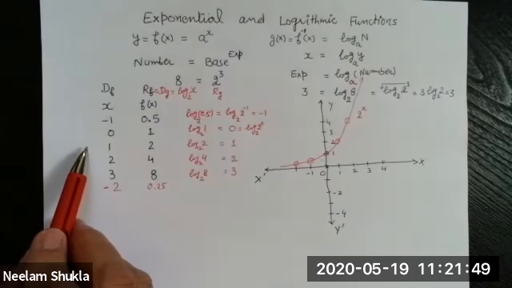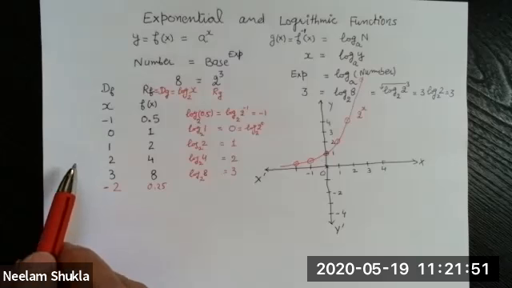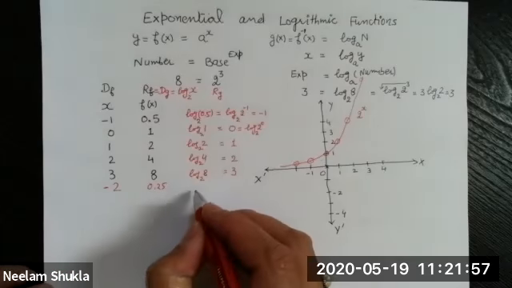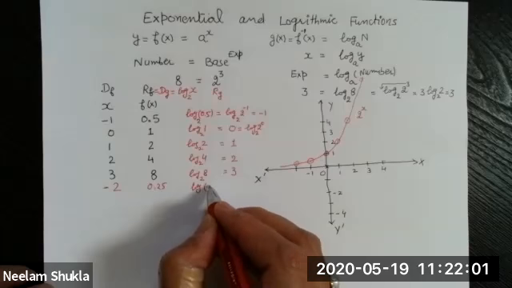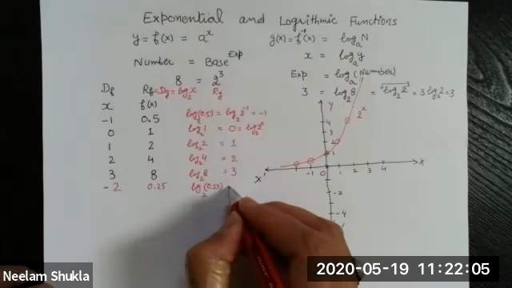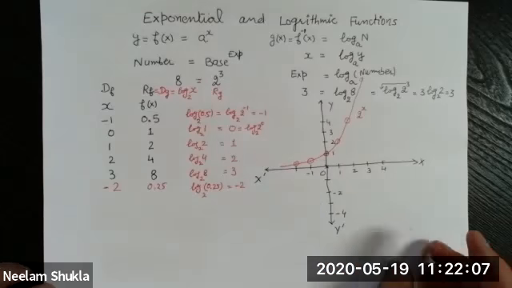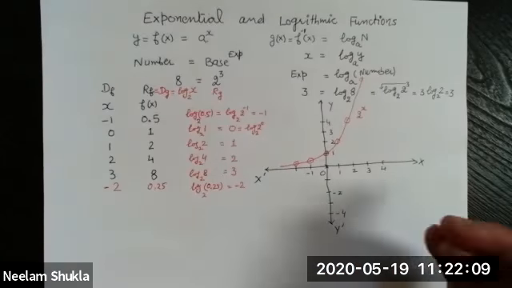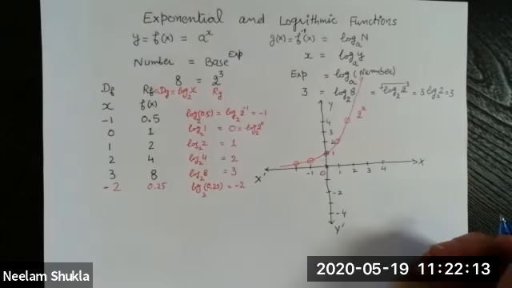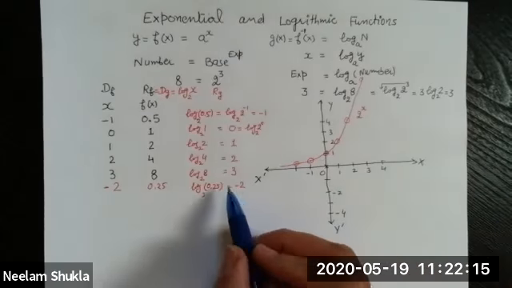This was actually the domain of your function f(x). This number should be -2, sorry. Let's graph the other function now, which is my log function.